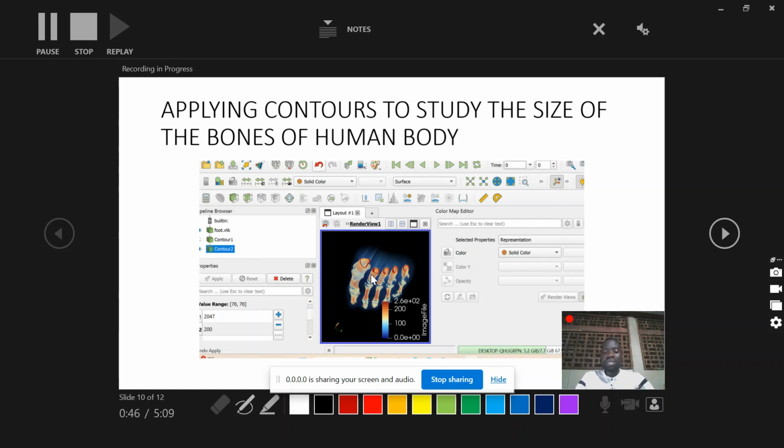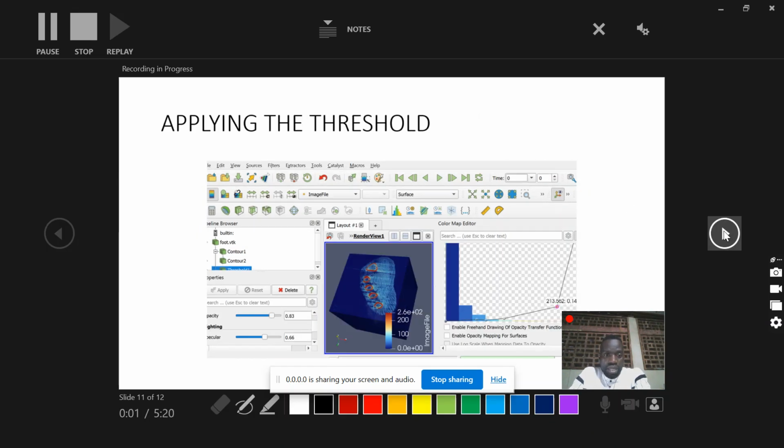With this I can determine the calcium content of each and every bone. I can apply the threshold, and then I can determine the opacity of the study of the leg.